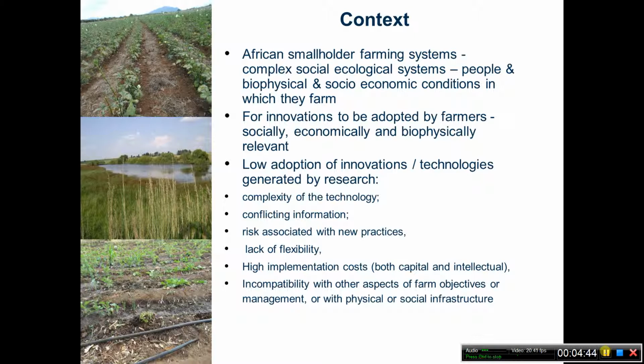Sometimes the information that farmers have and the information that is generated by research are conflicting. And given that conflict of information, then farmers are discouraged from taking up a technology or using information. And then there's always risk associated with a new way of doing things, a different way of doing things.